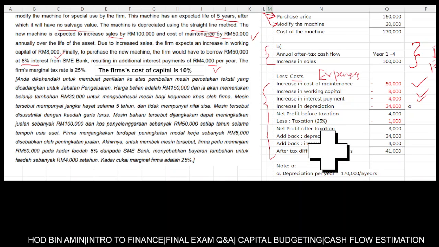Then this figure, why you have to calculate the interest and depreciation here is mainly for the calculation of net profit. And then we get the net profit before taxation of 4,000, and because of that you can calculate the taxation of 35%.